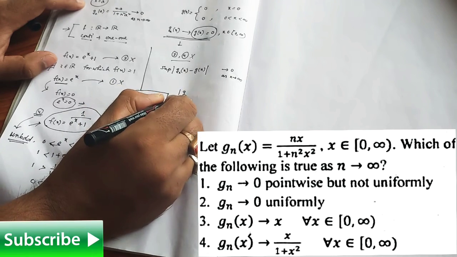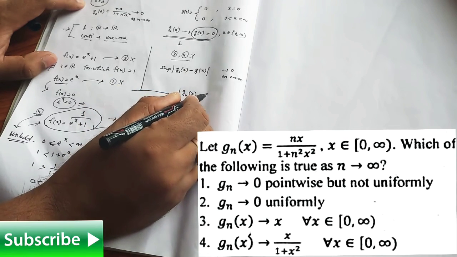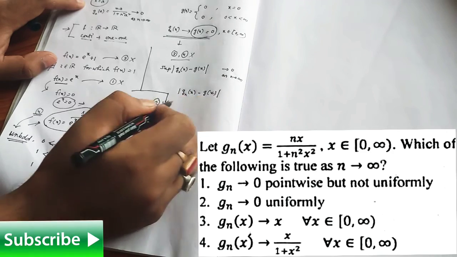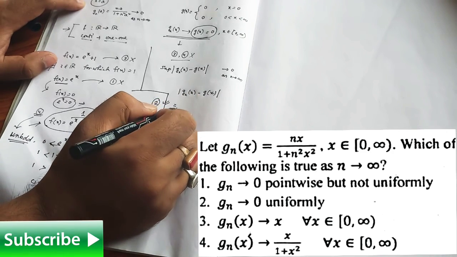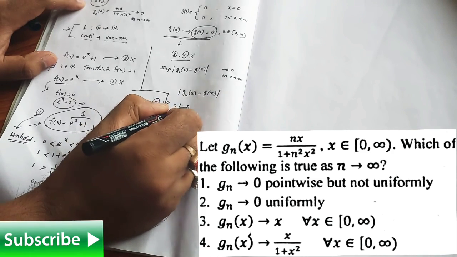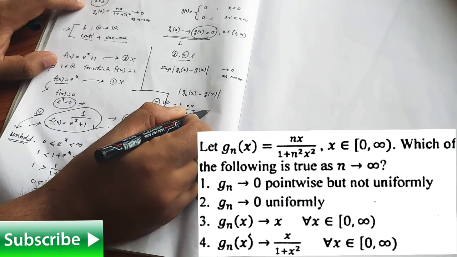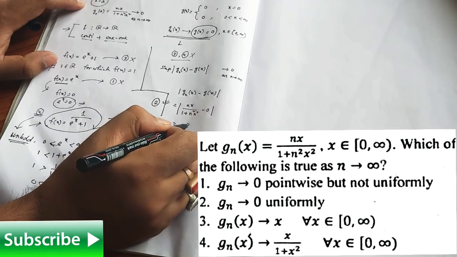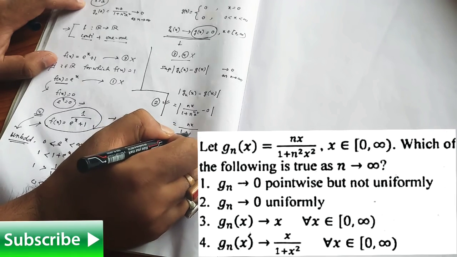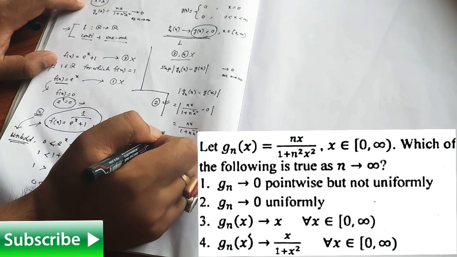First of all, g_n(x) minus g(x). It will be n x by 1 plus n squared x squared minus 0, which is n x by 1 plus n squared x squared.